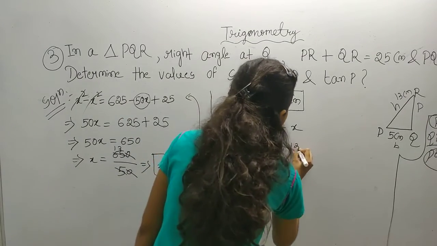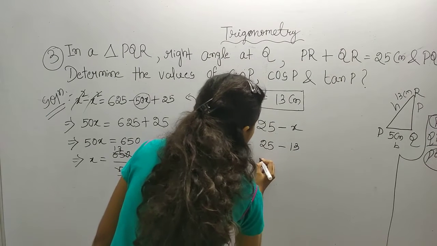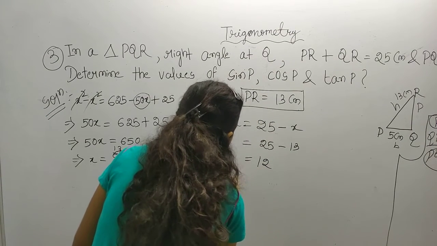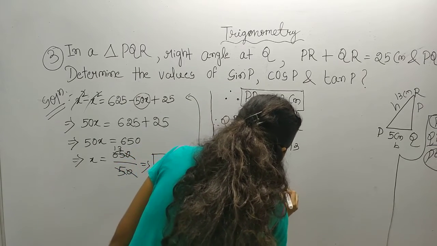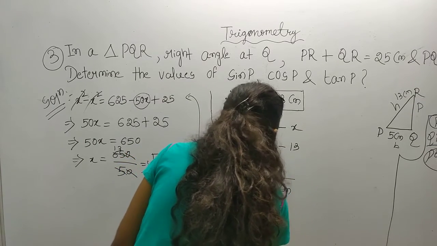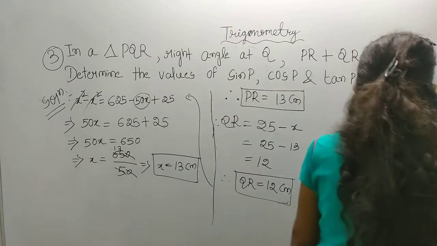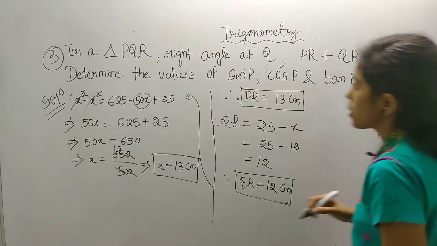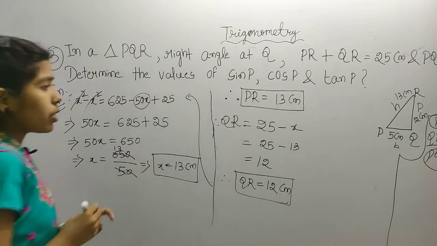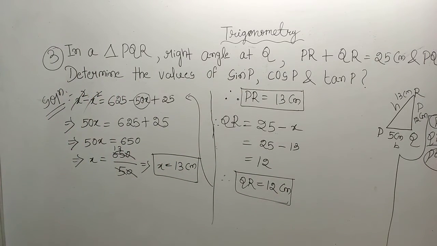So here you will write 13. 25 minus 13 is 12. Therefore, QR equals to 12 cm. So here you can write, QR is 12 cm. Okay. Next, now we have completed the triangle.